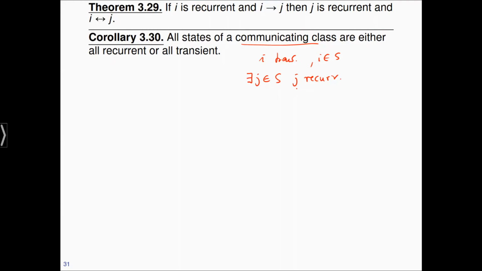Then, since it's a communicating class, I is reachable from J. And J is recurrent, I is reachable from J. By the theorem, I also has to be recurrent. So I cannot be transient. You cannot have transient and recurrent states in one communicating class. Or in other words, all the states in one communicating class are either transient or recurrent.